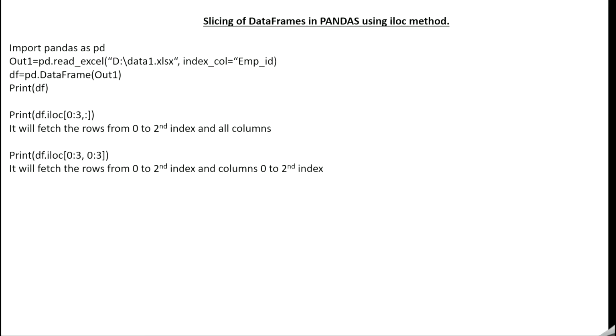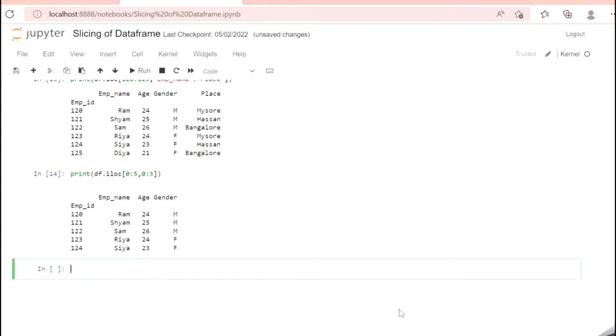And now if I want all the columns but only some rows, how will I go about it? I have to say df dot iloc brackets 0 colon 5 comma colon.